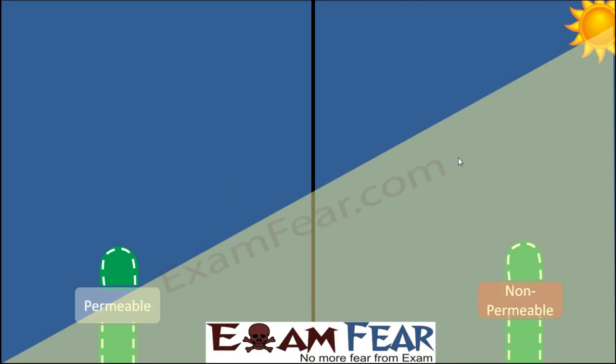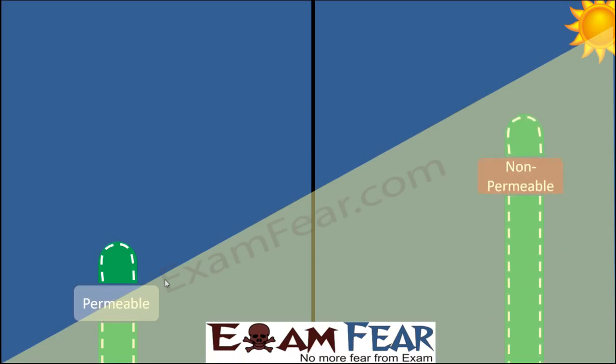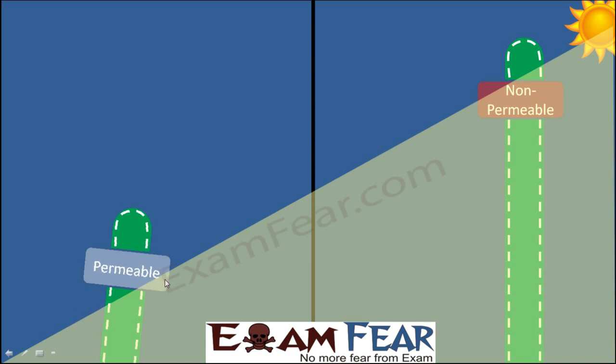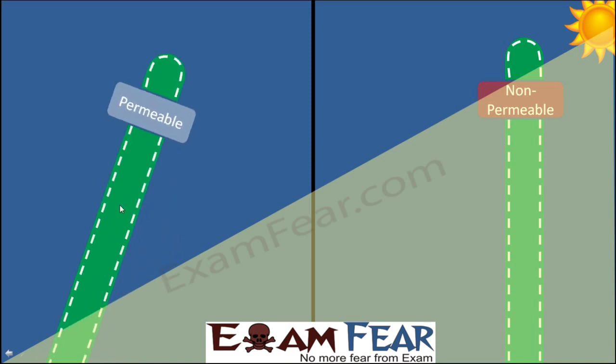So that is the difference between permeable and non-permeable. Okay, so now again the light was made to fall from the sideways on both these coleoptiles, and interestingly, it was observed that in the first case there was a bend. So with the permeable membrane it bent, but with the non-permeable membrane it did not bend. So what did this prove? The earlier experiments proved that there is something in the tip.